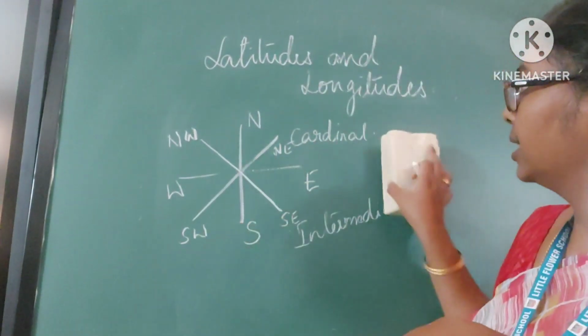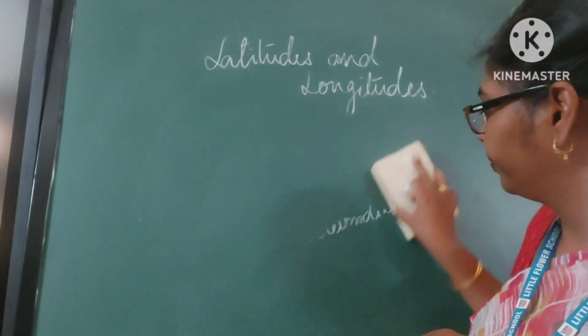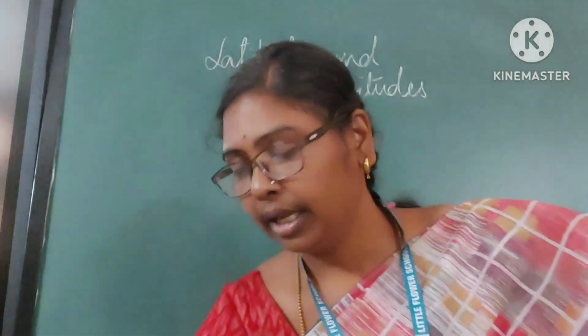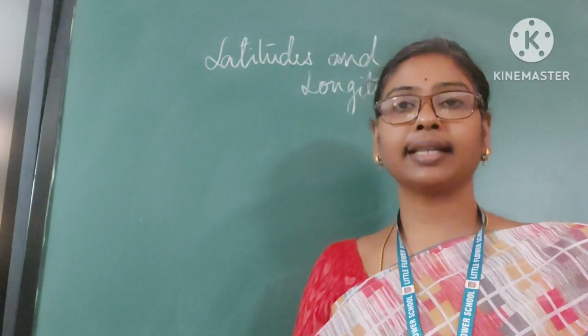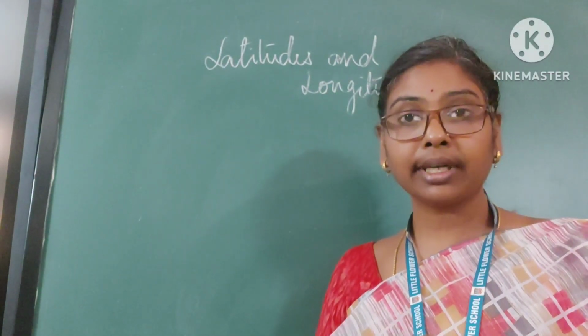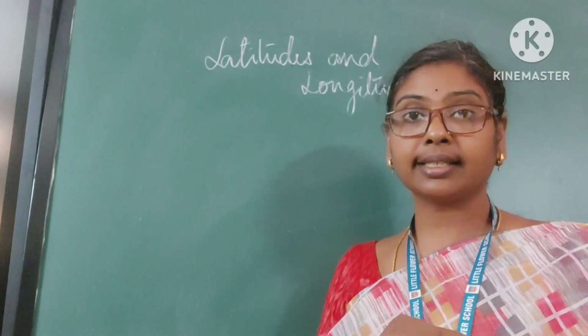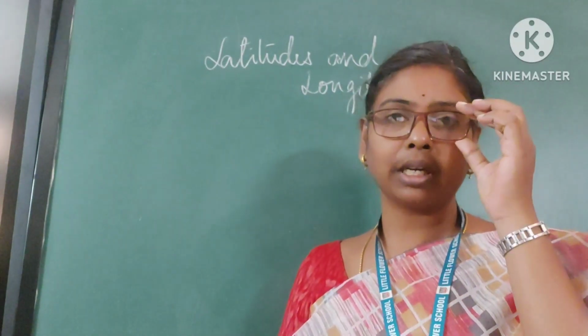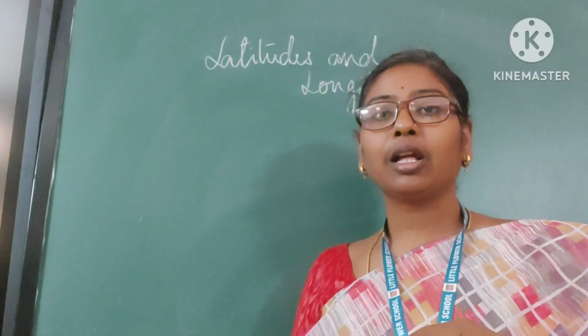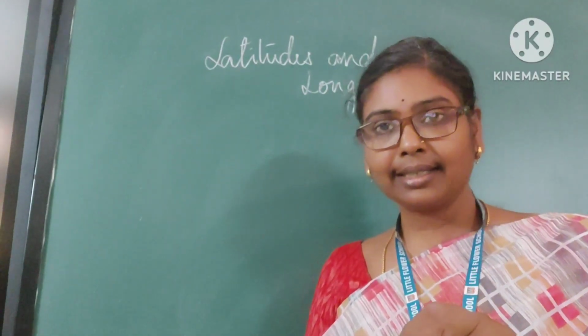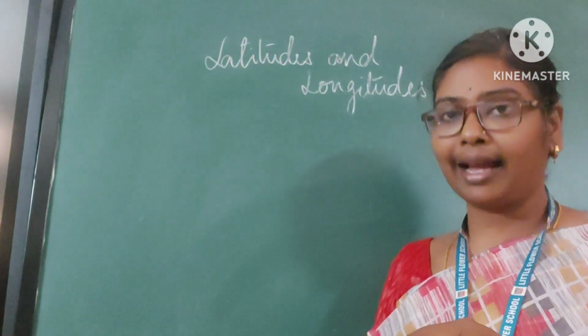Next, coming to the Earth's grid system. Let us know what is the Earth's grid system. Earth's grid system is made up of a network of latitudes and longitudes. Now, let us see what are the latitudes.